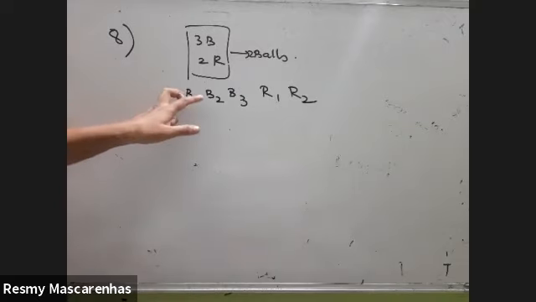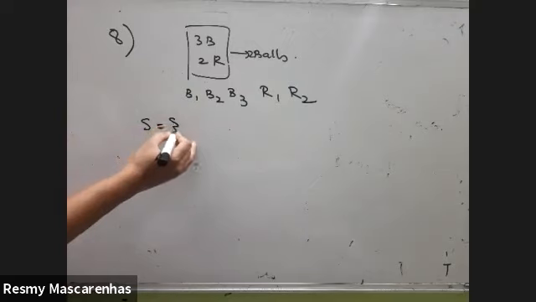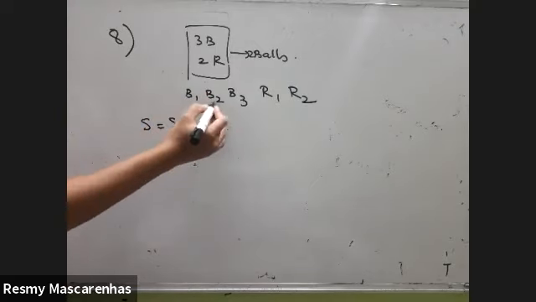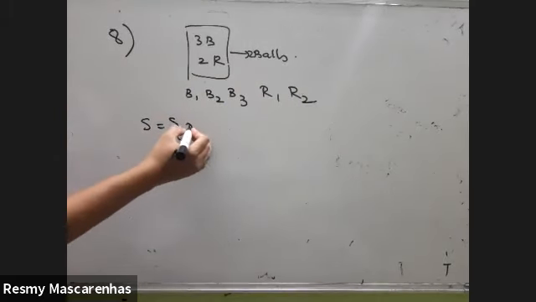So two combinations you have to pick. Which could be the 2 combinations? You can start with B1, pair it with everyone. Then start with B2, pair it with everyone.